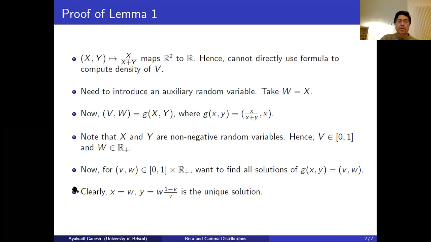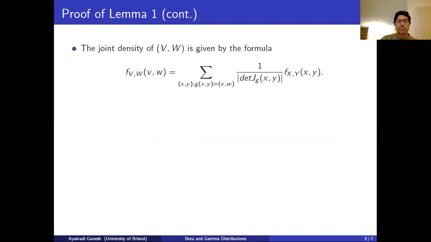You can solve explicitly and you can check there's only one solution, which is to take X to be W because W was X, and Y turns out to be W times (1 minus V) over V, and that's the unique solution. Okay, the formula says sum over all possible solutions, the density at (x, y) divided by the absolute value of the determinant of the Jacobian.